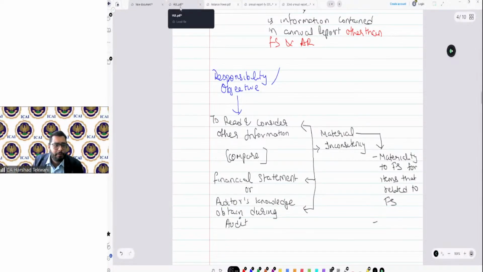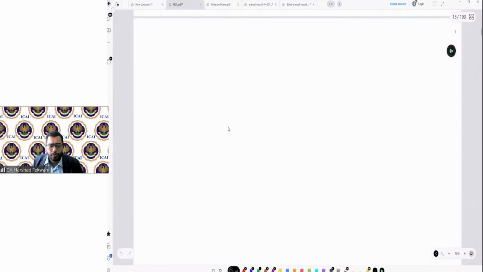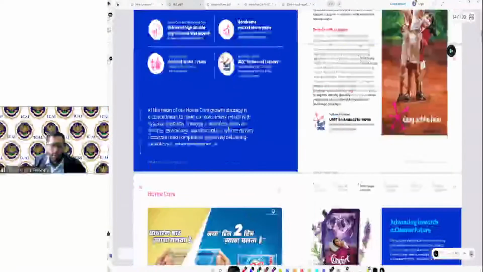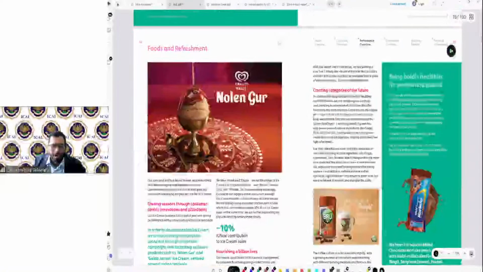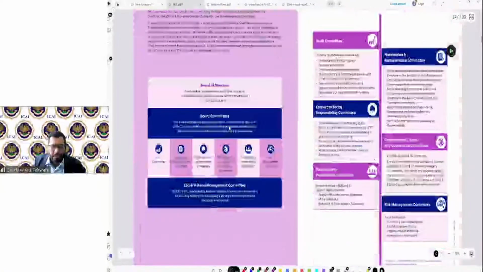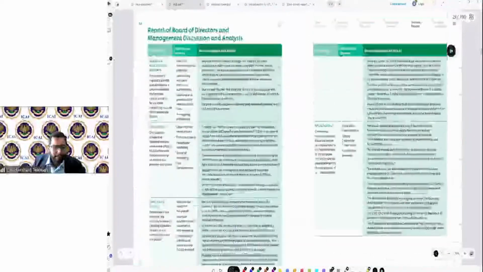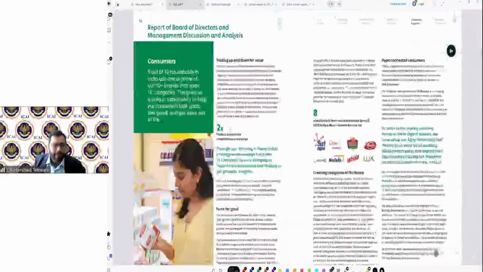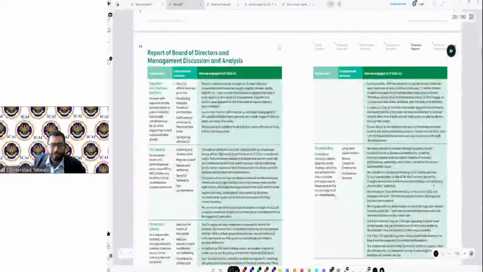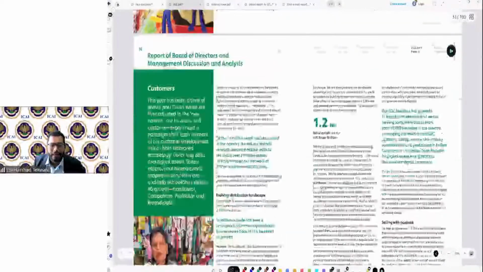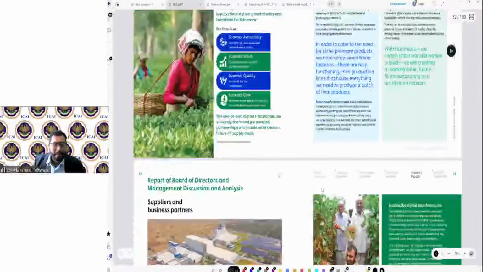For items where there is no direct relation to the financial statement, but you are going to see it with the auditor's knowledge, as I told you, for example, supply chain, or something else which is not directly related to the financial statement but is of indirect nature.